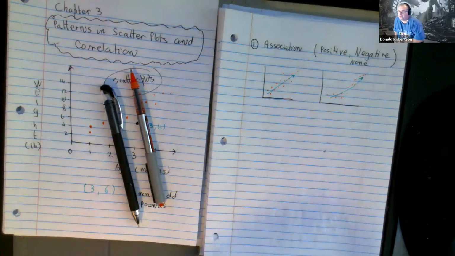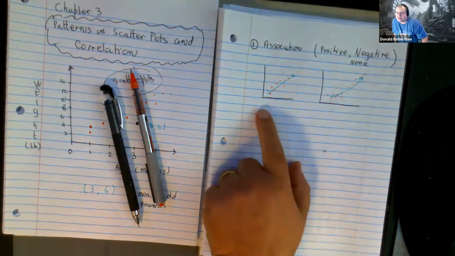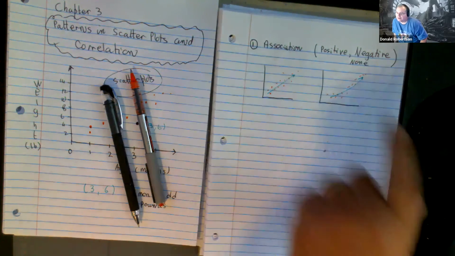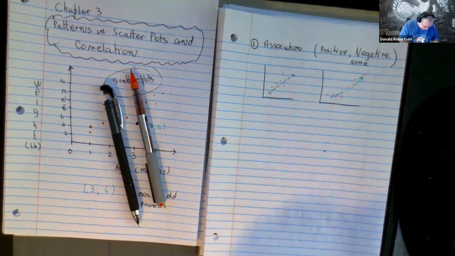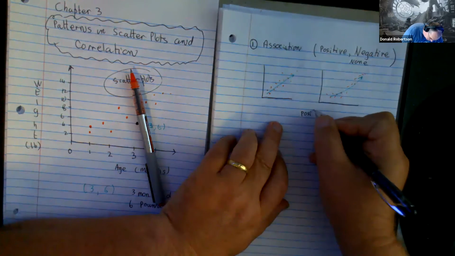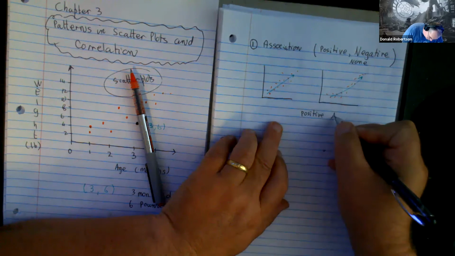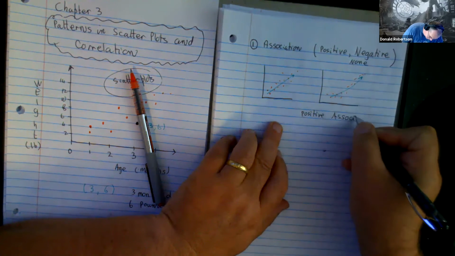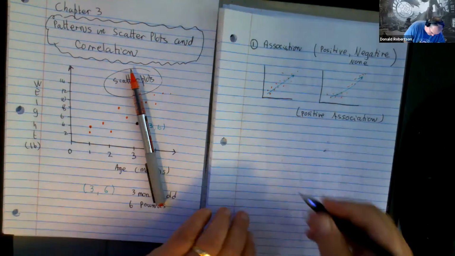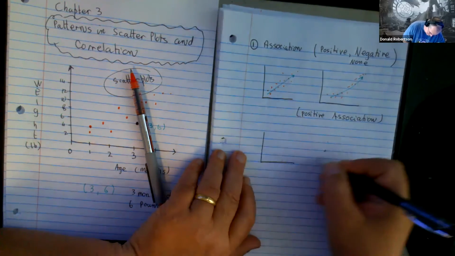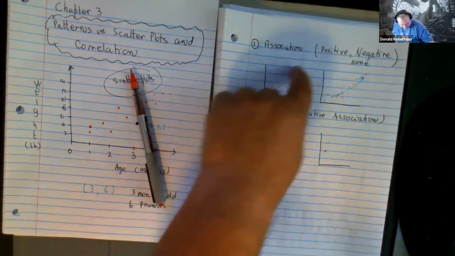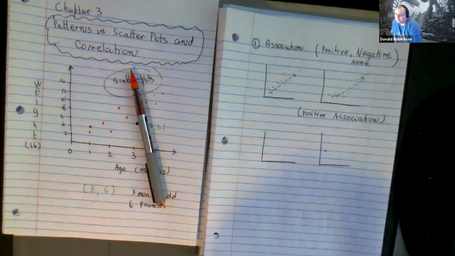What that means is the X variable gets bigger, doesn't the y variable get bigger? Right? That's called positive association. Oh, and do you notice that the scatter plot doesn't need to be like a straight line? Can't it be curved as long as it's going uphill?